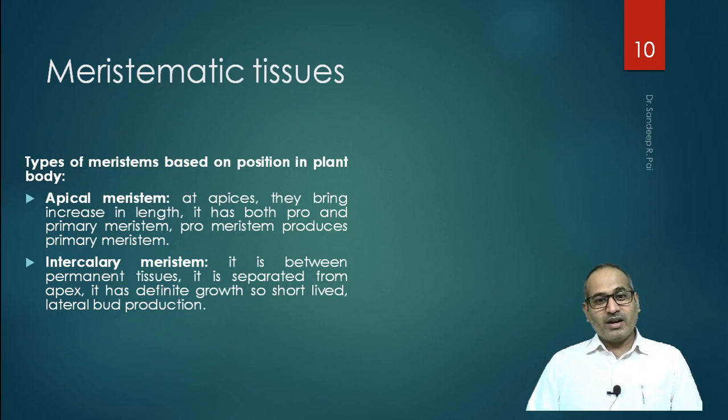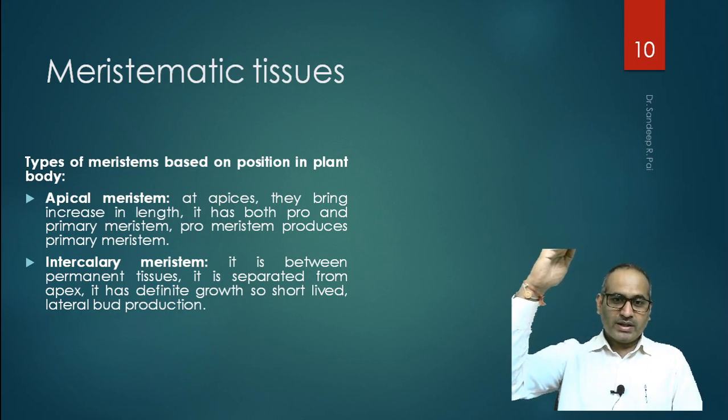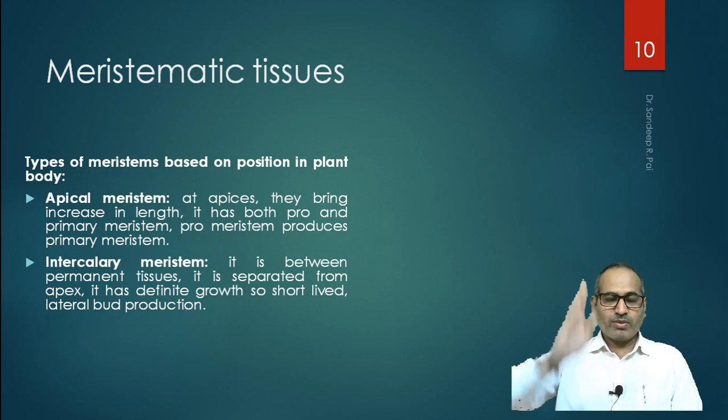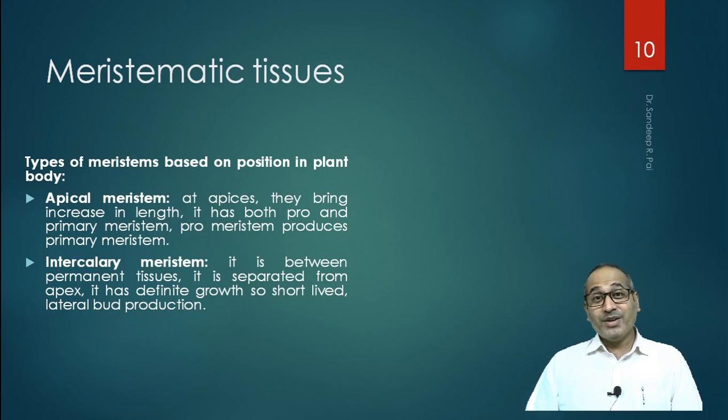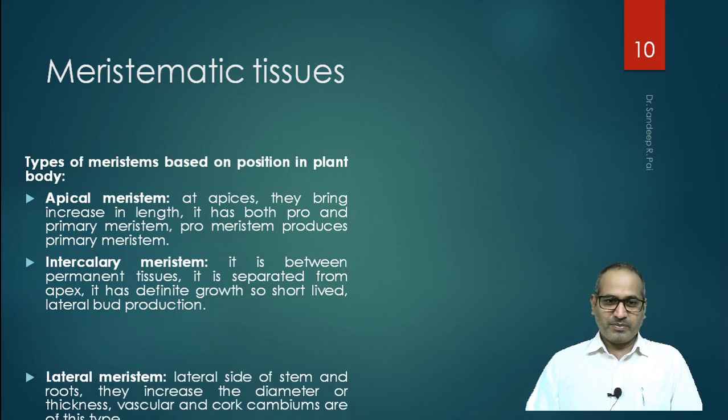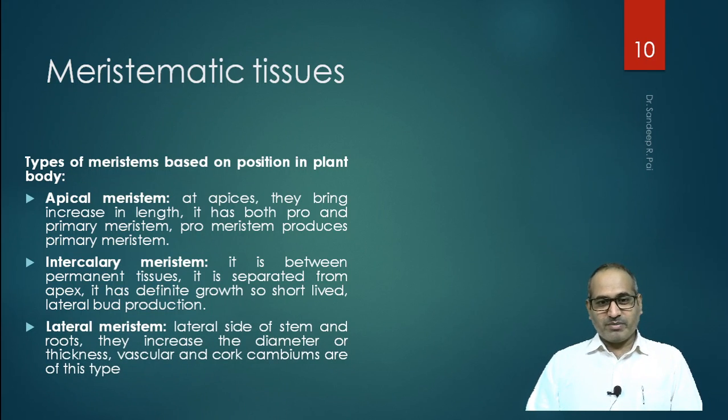Lateral bud production is because of intercalary meristem. So, a plant can grow vertically upwards. The lengthwise growth of the plant is because of apical meristem, whereas the lateral growth of the plant is because of intercalary meristem.